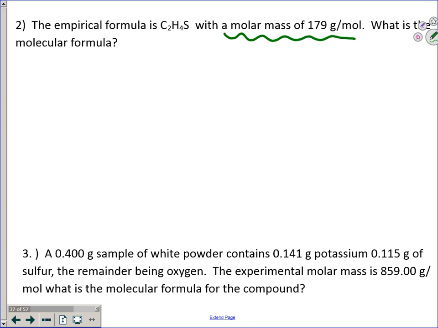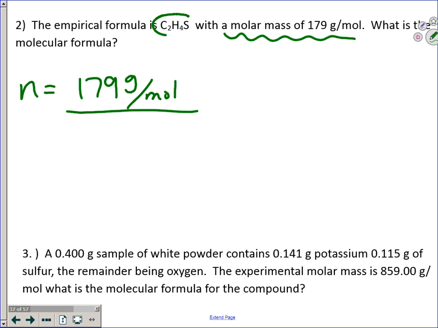We need to find the what? Multiplier. Okay, so how do I find the multiplier? Keep the molar mass on top. Put the molar mass of the compound, which was given to me, 179 grams per mole, on top. And then what are we dividing by? This compound's mass. So let's go find it.